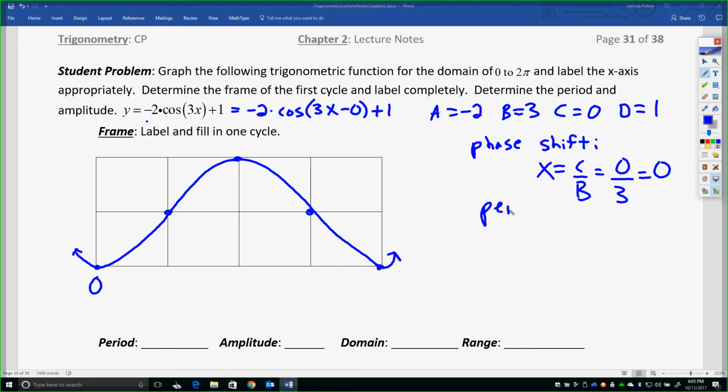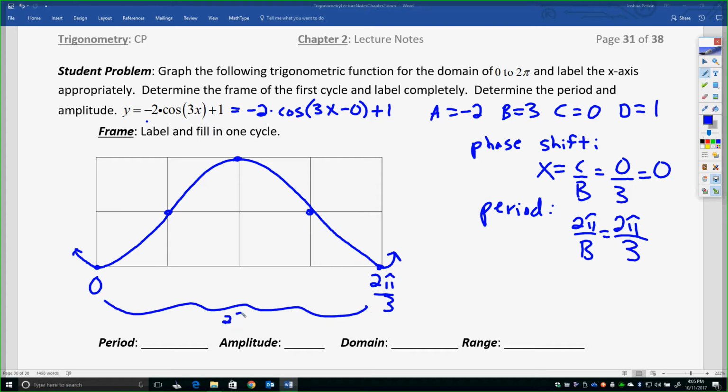The period is 2 pi over b. So 2 pi over 3. So this will in fact end at 2 pi over 3 this time, because the entire distance is in fact 2 pi over 3. So from 0 would be 2 pi over 3. So this one's a little bit easier this time. Okay, so let's delete that.